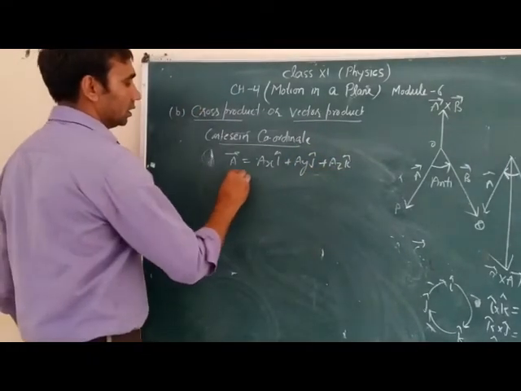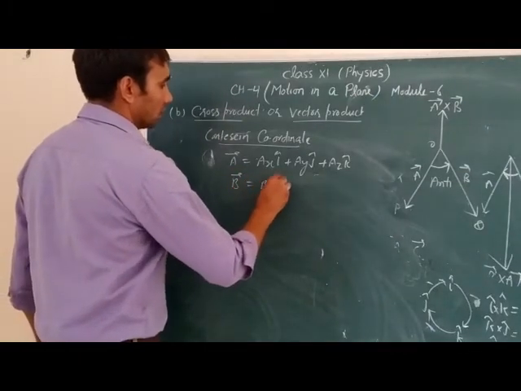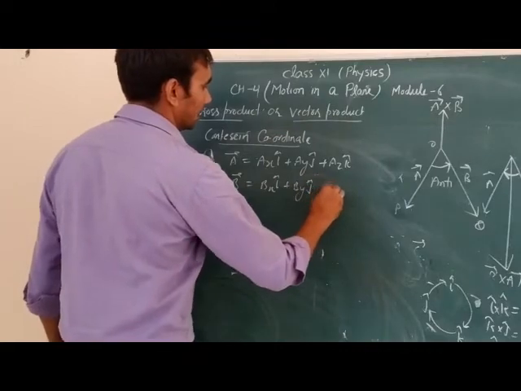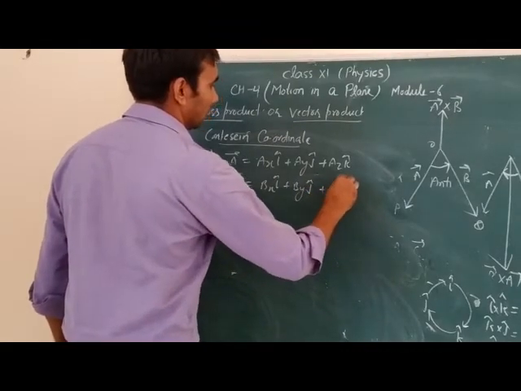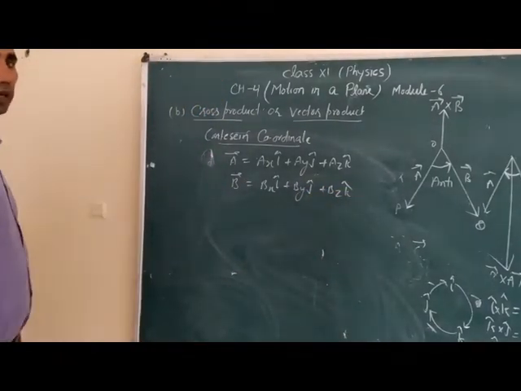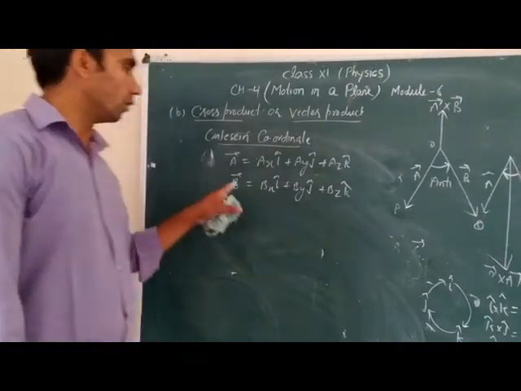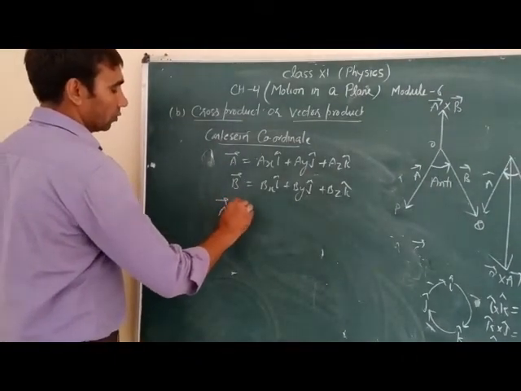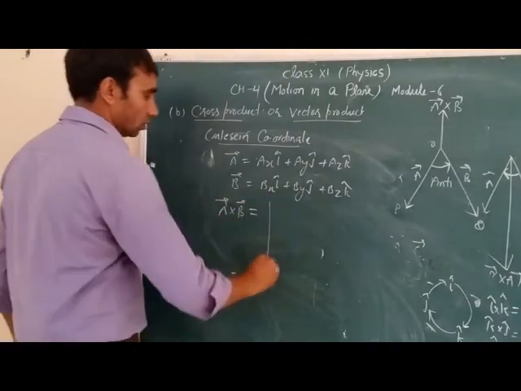Vector B is equal to bx I unit vector plus by j unit vector plus bz k unit vector. We find the cross product of vector A and vector B as a determinant.